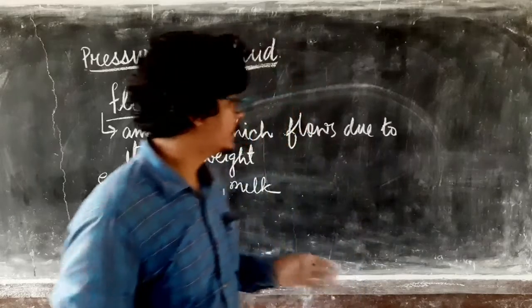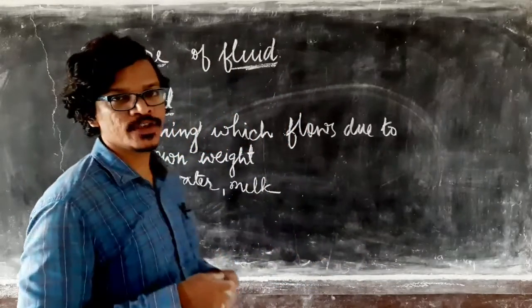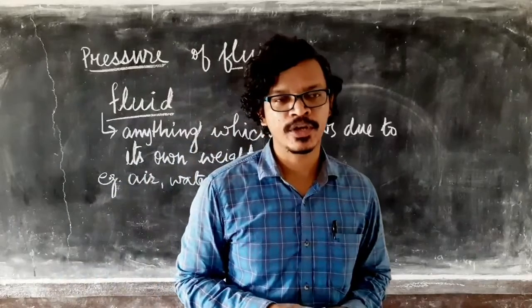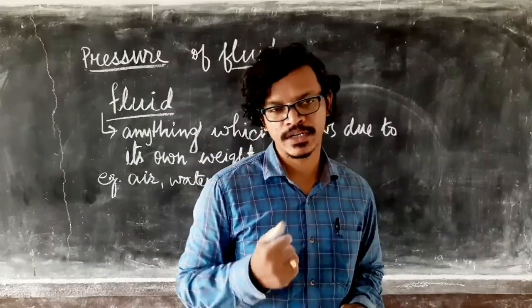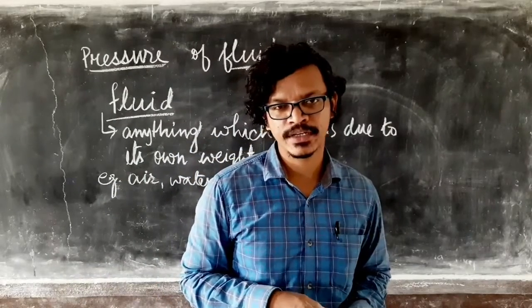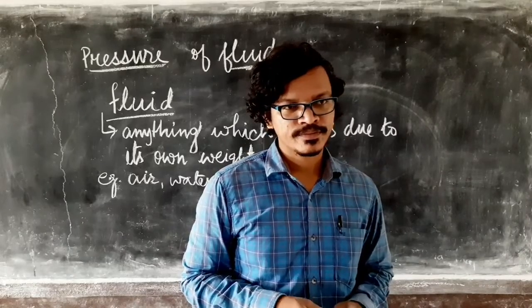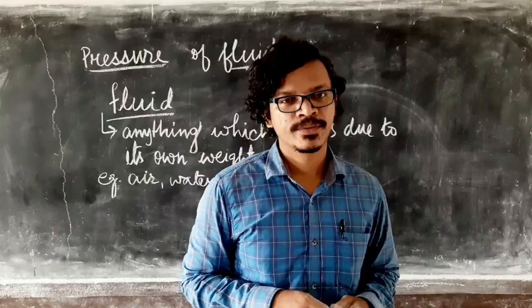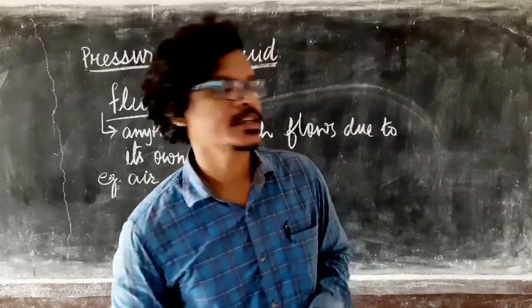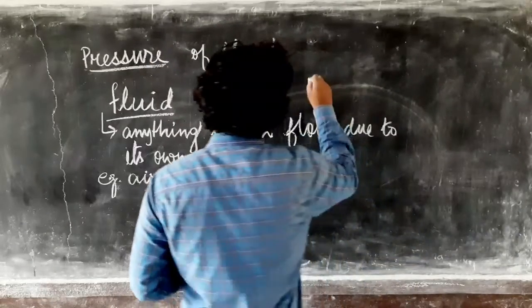These are all fluids. So fluid also applies pressure. We have talked about pressure applied by water, and water is also a fluid. Pressure applied by air, that is also a fluid. So we have a separate term, viscosity.